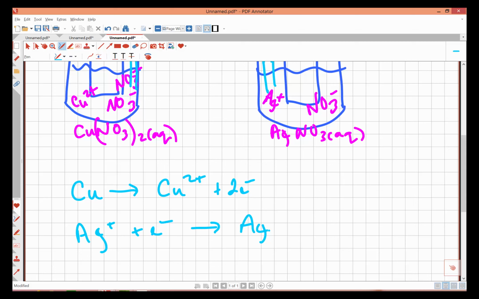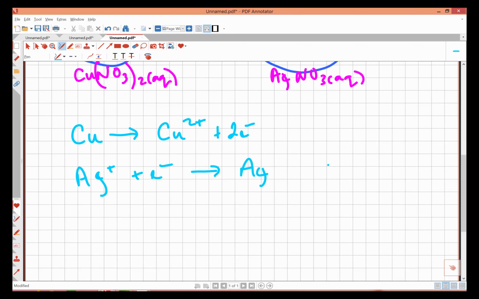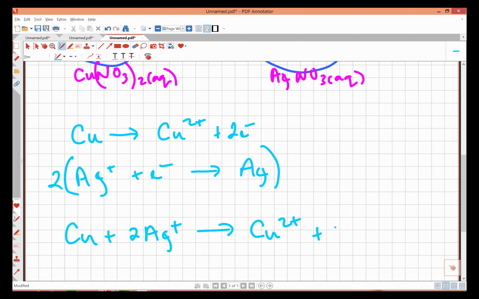And the ratio will be 2 to 1, because if copper has 2 electrons to give away, we're going to need 2 silvers. So the balanced reaction to represent this, we would double the silver, and it will be Cu plus 2 Ag+ yielding Cu2+ plus 2 solid silver, just to balance the exchange of electrons.